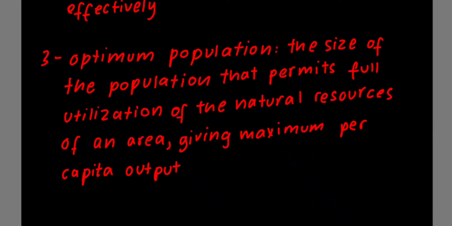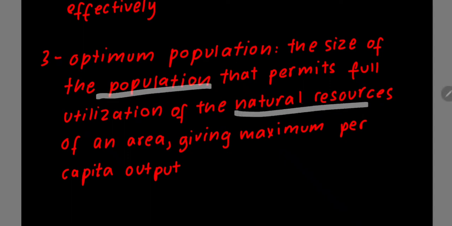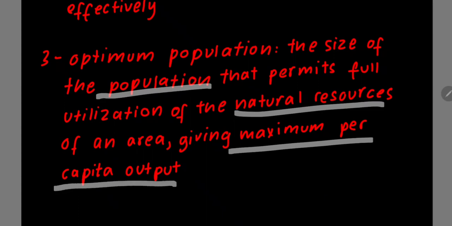Again, if there's an area with 1,500 people and it has exactly around 1,501 or 1,503 amount of resources, then it's perfect, because that is the population size which can fully utilize the natural resources available, and in turn it gives maximum capita output, that is the maximum profit, like in terms of money.